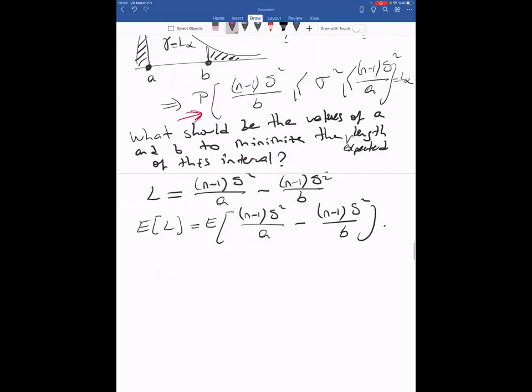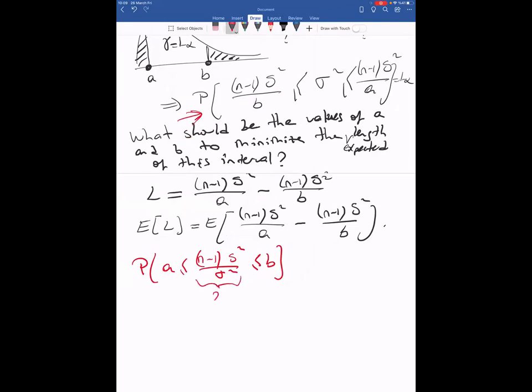Then we have, okay, let's write it this way. The probability that we have A less than (n minus 1) S squared over sigma squared less than B. We know that this is chi-square distributed.